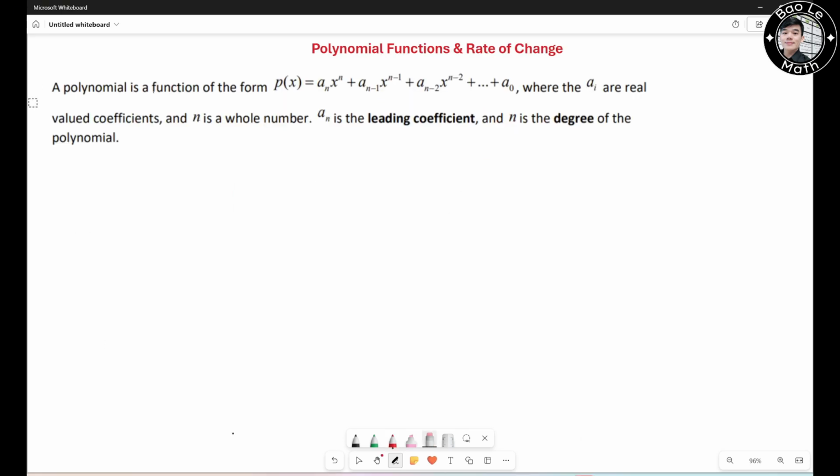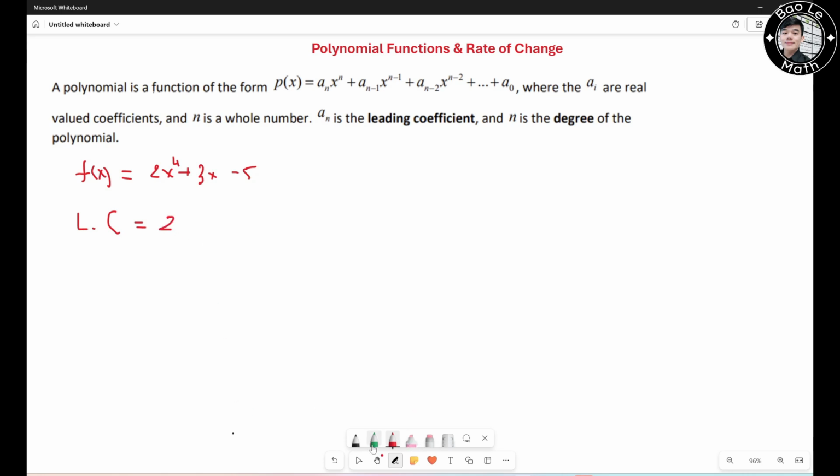Let's move on to the next example. Let's find the leading coefficient and degree of the polynomial functions. For example, if I have the function f of x is 2x to the 4 plus 3x minus 5, the leading coefficient, LC, is going to be 2.